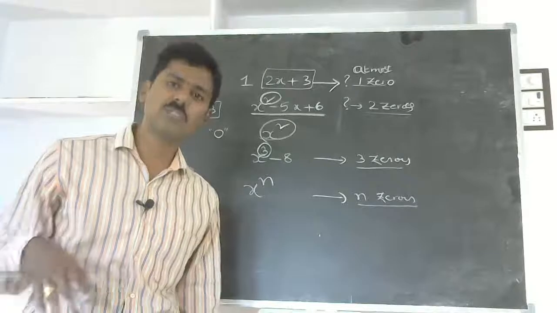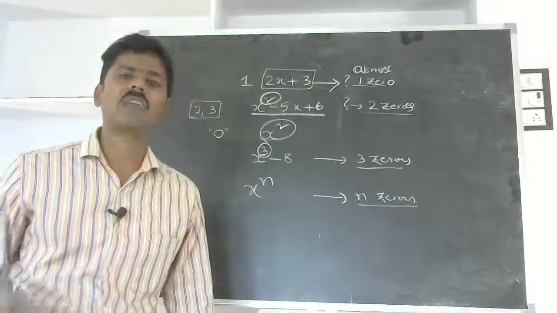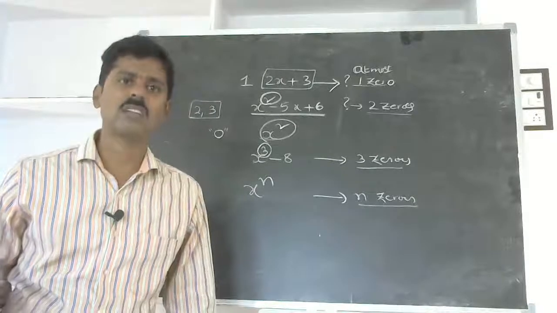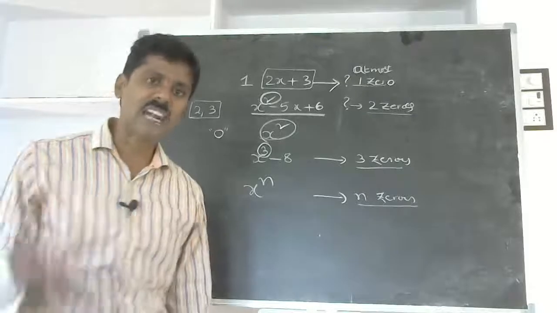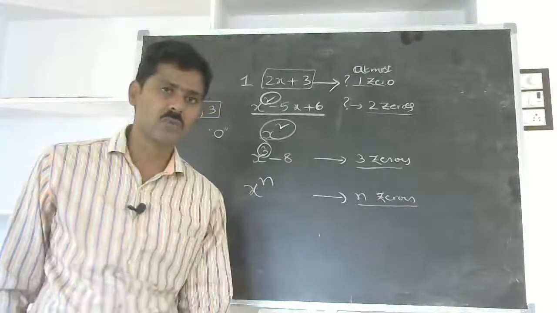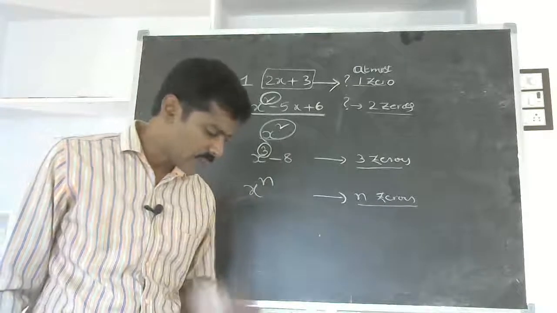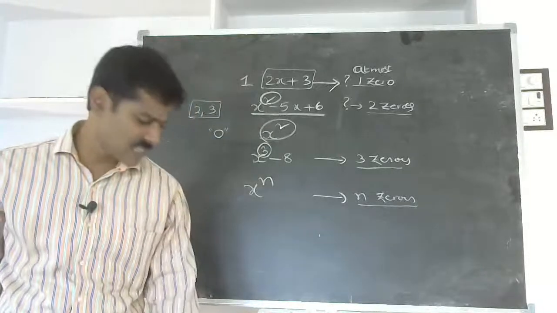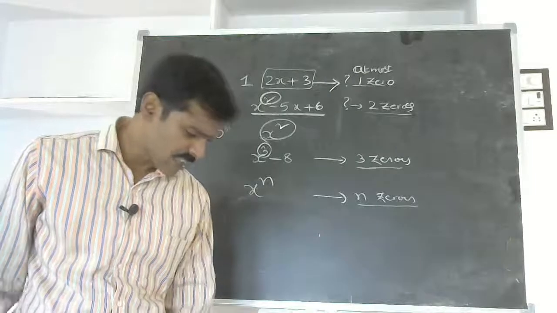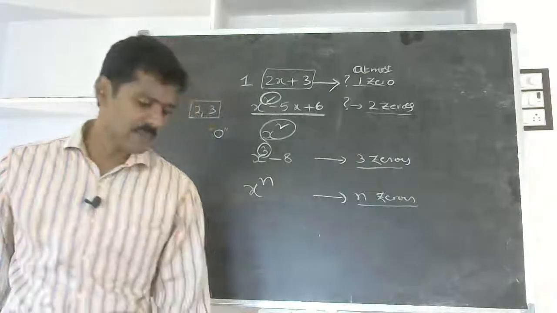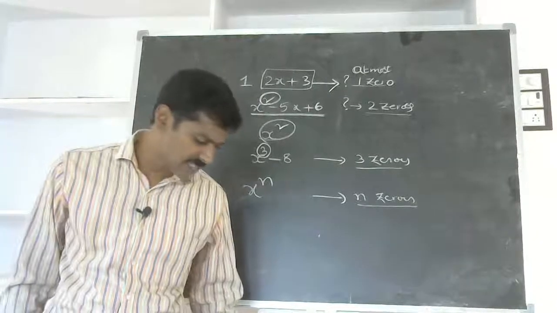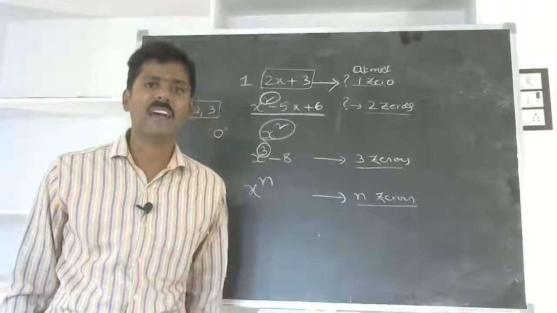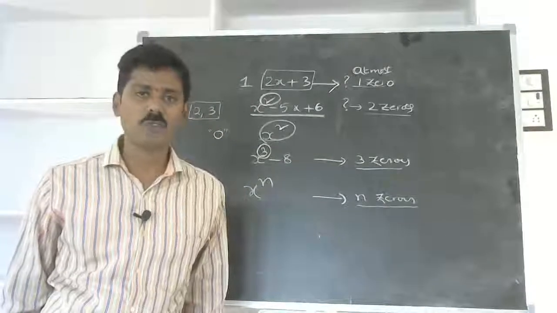And if they give the zeros of the polynomial, we can find the unknown quantities which are there in the polynomial. These are the concepts which we have learned before exercise 2.2, and the homework that should be done by you is page number 34. Try this, and examples 1, 2, 3, and page number 35 do this, and in the exercise whatever problems I have explained you, those problems you have to do as homework.